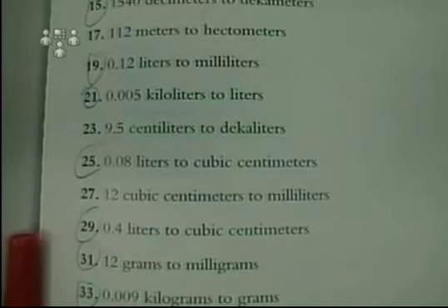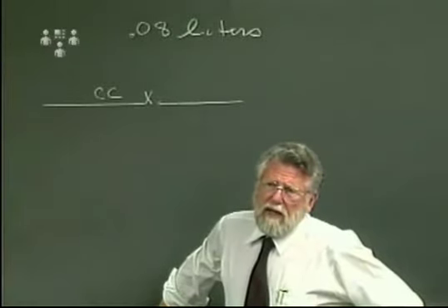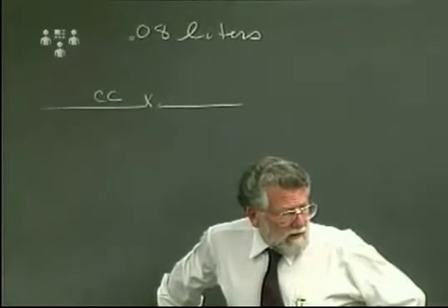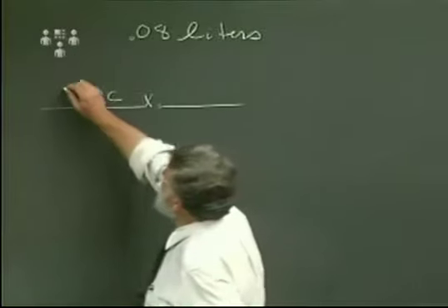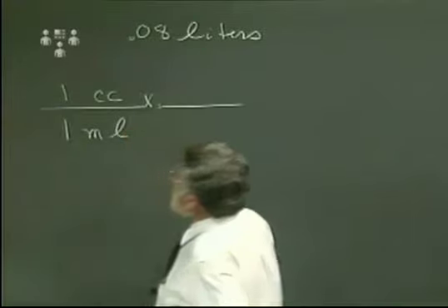Okay, here goes. Let's come back. At this point, I'm on number 25, and I'm going to cubic centimeters. I start with 0.08 liters, and I'm going to cubic centimeters. So as we look at this, 1 cc is 1 milliliter.